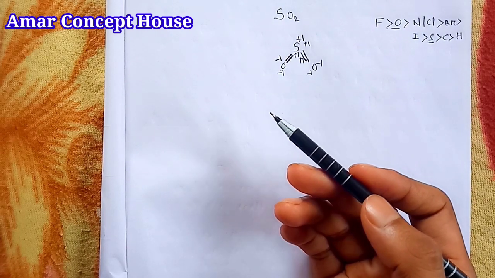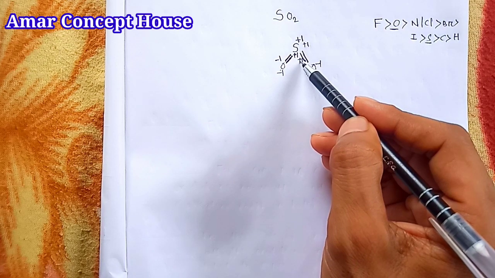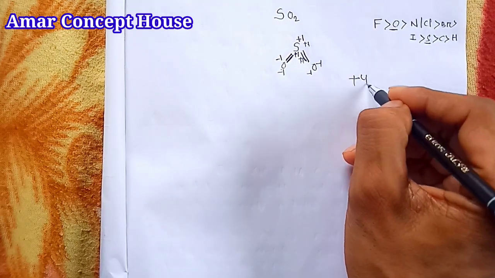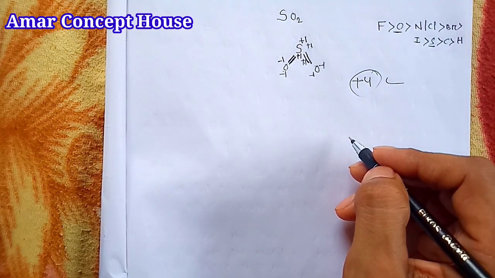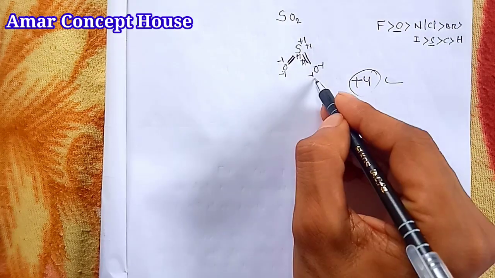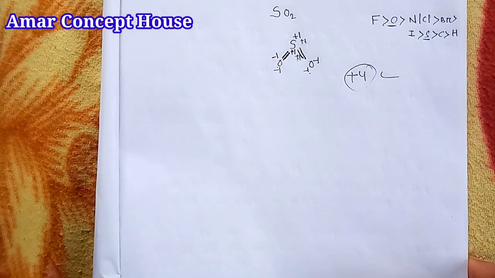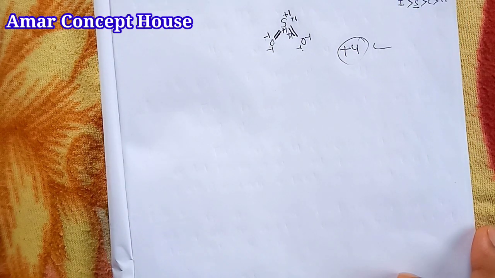Now what is the total formal charge over sulfur? 1, 1, 2, 3, 4: +4. So the oxidation number of sulfur in SO2 is +4 and the oxidation number of oxygen is -2. Clear, students?